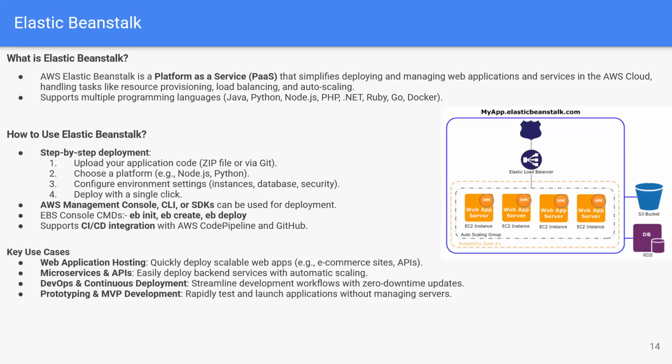Let's talk about Elastic Beanstalk. Most of the time, when we have to deploy a web application or API service, we have to worry about our infrastructure, whether the configuration settings are correct or wrong, and whether it can auto scale, load balancing, and so on. So AWS gives a platform as a service called Elastic Beanstalk, which simplifies the way we deploy and manage web applications and services in the AWS cloud.